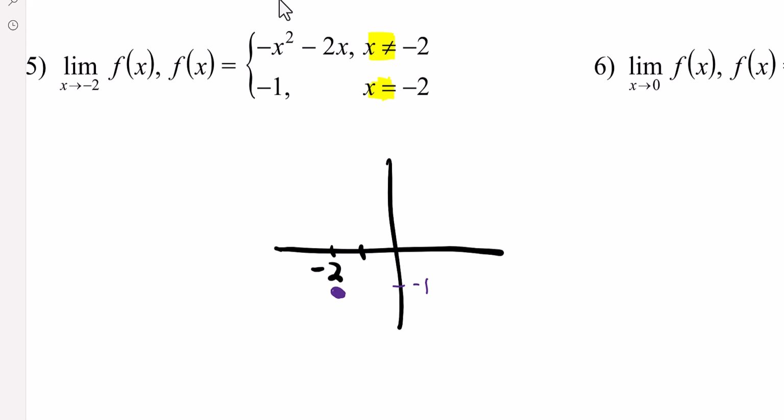So you put a solid dot. This graph right here is an upside down parabola, and it's saying it's everywhere but -2. So notice this is -x squared minus 2x. That means plus 0, right?